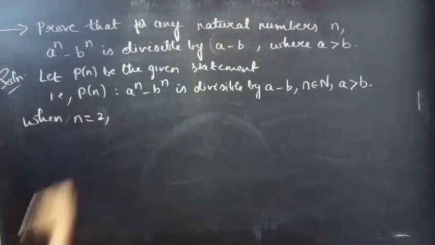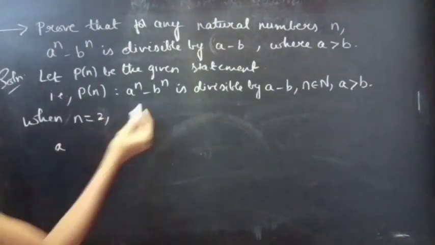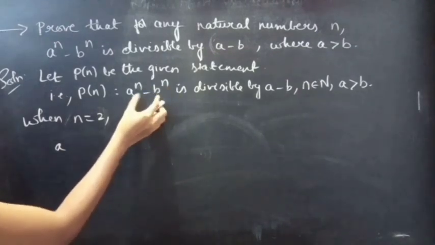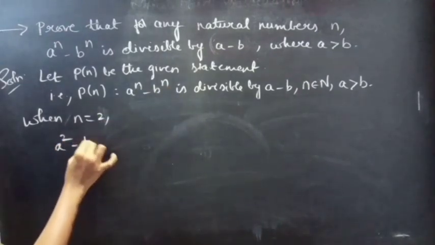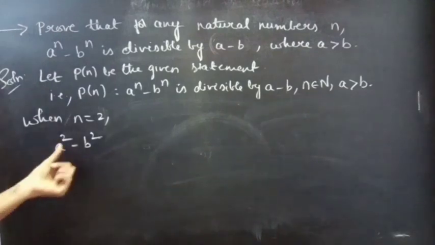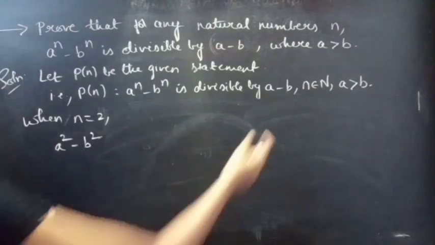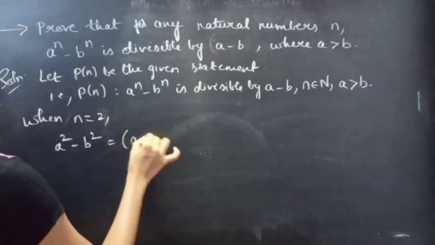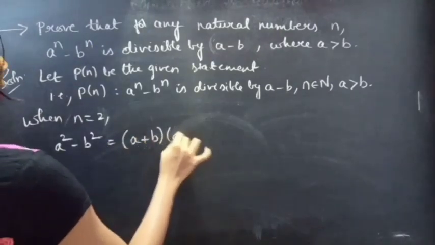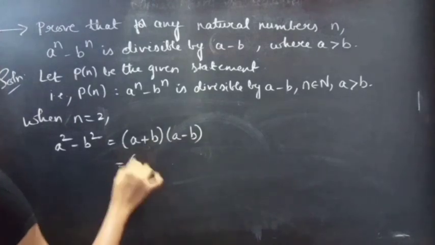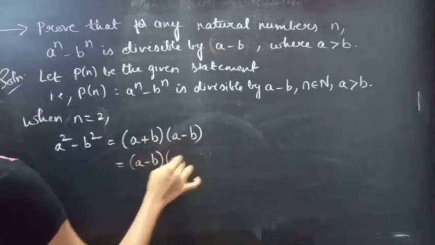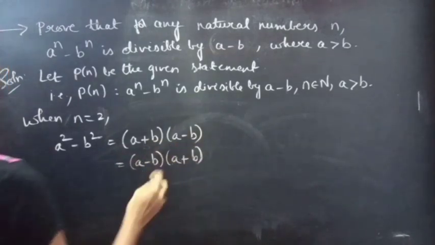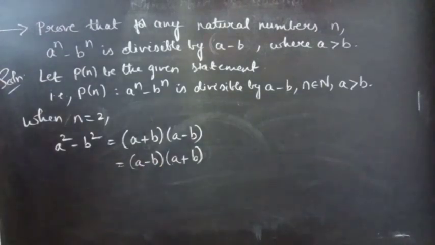When n equals 2, put n equals 2 in a power n minus b power n. Now we have to show that a square minus b square is divisible by a minus b. We know that a square minus b square can be written as a plus b into a minus b. You can also write this as a minus b into a plus b, which is a multiple of a minus b, right?